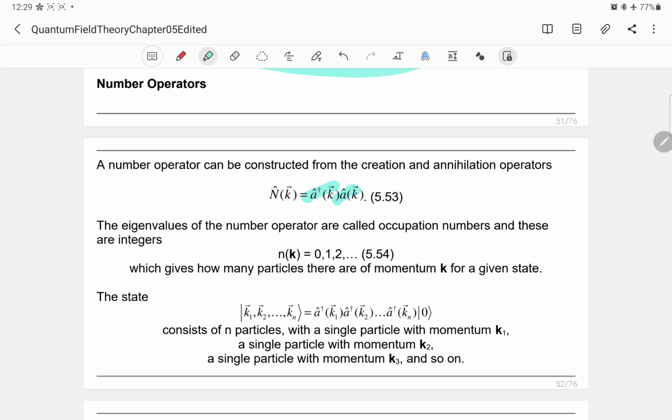The eigenvalues of the number operators are called occupation numbers, and these are integers 0 to n, or say infinity if it's permitted. And that gives the number of particles there are of momentum k for a given state. So say for example this one, then it's just equivalent to this.